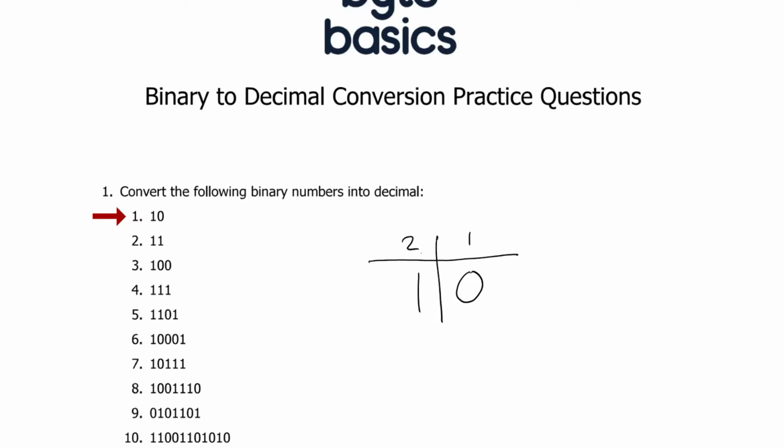Then step 4 from the video, we work our way across the columns, writing down the value above for any column that has a 1 beneath it. In this case that's just 2. As for this next one, you can see we have a 0 underneath, so we don't need to write down a 1. So the answer is 2. So 1 0 in binary is the same as 2 in decimal.